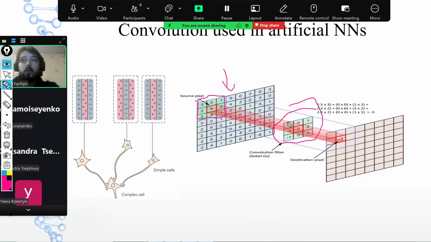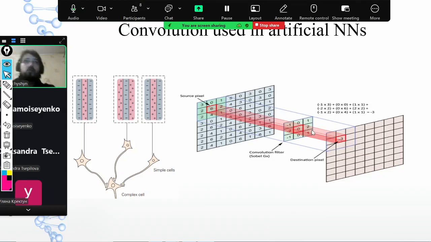You multiply numbers here with numbers here, then you add everything together, and the result you obtain you place into the output image. And you do that for every possible position of the kernel. You just go along that image, calculate something, and put some numbers in here.